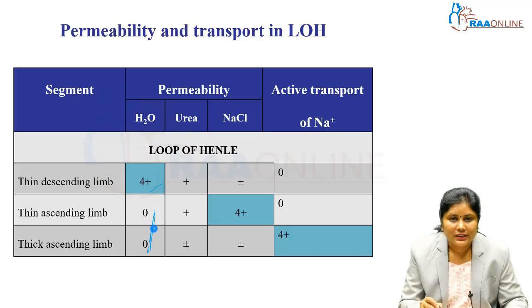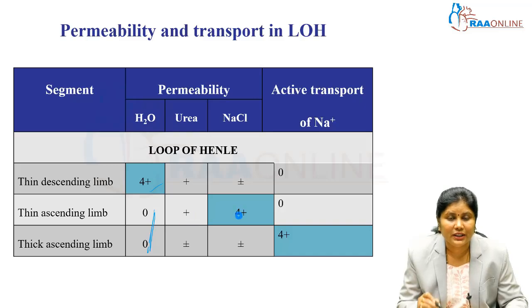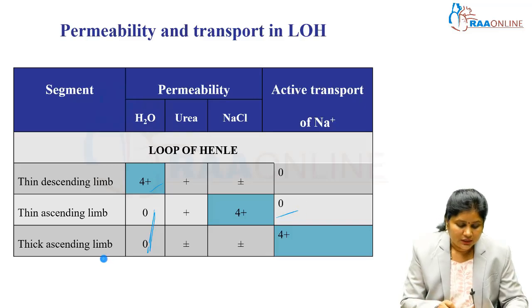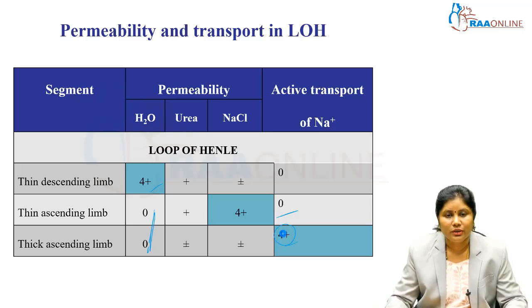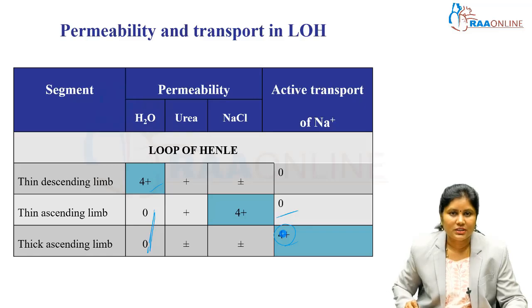Okay, whereas in the thin ascending limb, there is little permeability of urea. Passive transport is happening in the thin ascending limb. Active transport for sodium is not there. Okay, it is 0. The thick ascending limb, on the other hand, it is predominantly important for its very active transport of the sodium, which is very, very robust there.